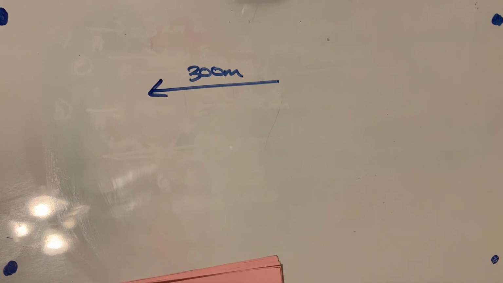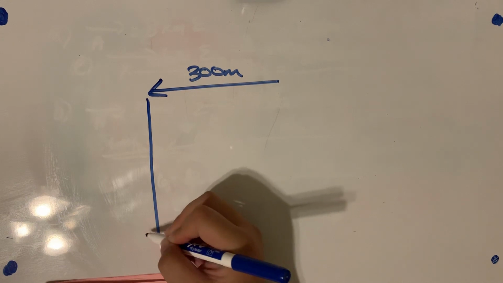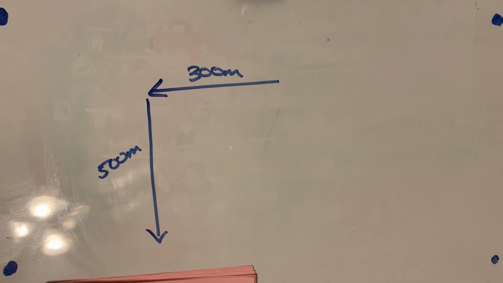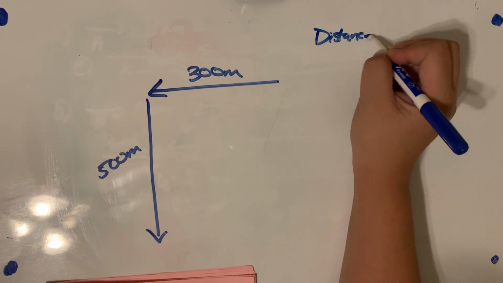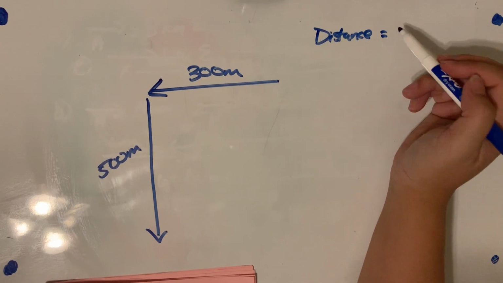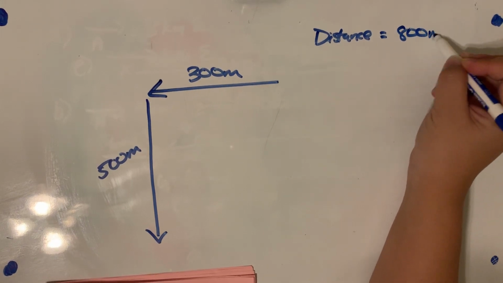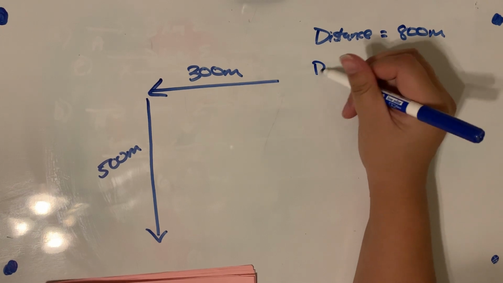And then she turns and runs south. 500 meters. What is her distance? Remember, we said distance is just how much ground you cover, so 300 plus 500, I get 800 meters. Woohoo! Now we're gonna find displacement.